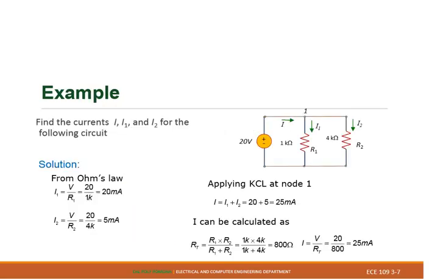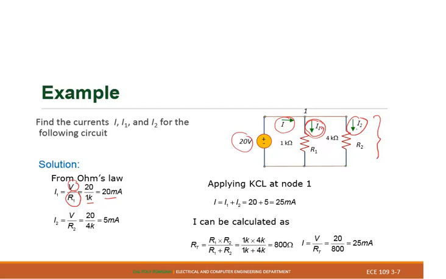Another example: given this circuit, we're going to find I1 and I2. You can see 20 volts across R1 and R2. Using Ohm's law, I1 will equal V divided by R1, which is 20 volts divided by 1K. That gives 20 milliamperes.